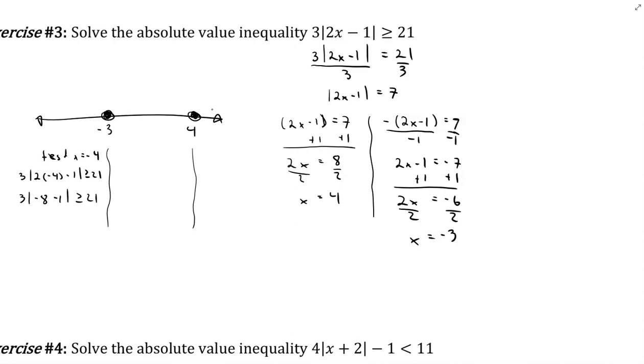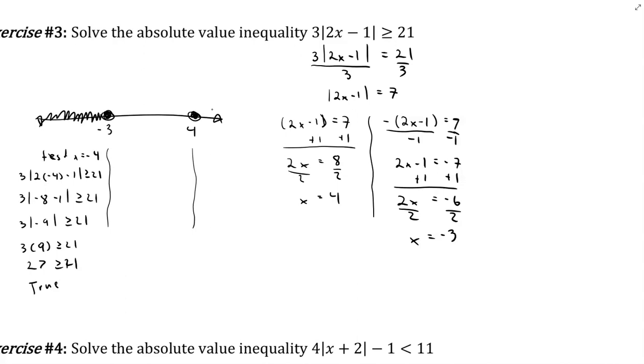Then we'll subtract 1 from -8 to give us -9. Well, the absolute value of -9 is going to be 9. And then 3 times 9 is 27. And so we have 27 is greater than or equal to 21, which is true. So we'll shade that section in.